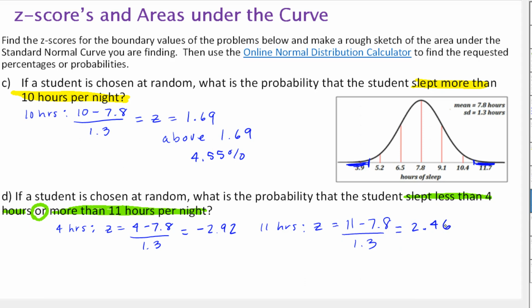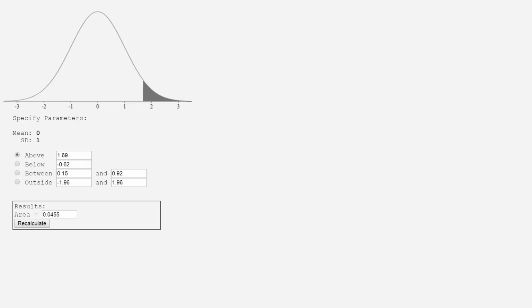Okay. So now let's go to the online calculator. Notice it has this one that says outside. And if you click on outside, notice it has the two pieces in the tail. Now we put the smaller or the negative value, so work from left to right here.